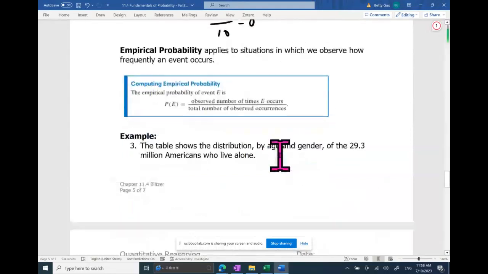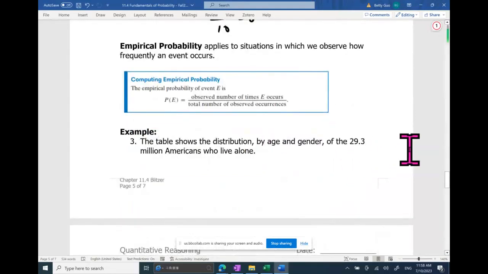So let me give you an example about the empirical. Let's say you're going to do a survey. Empirical is actually more popular in reality. When you do your research, if you are a social science major, let's say you need to survey for the purpose of getting the statistics and the percentage of people who smoke in Tulsa area, right?